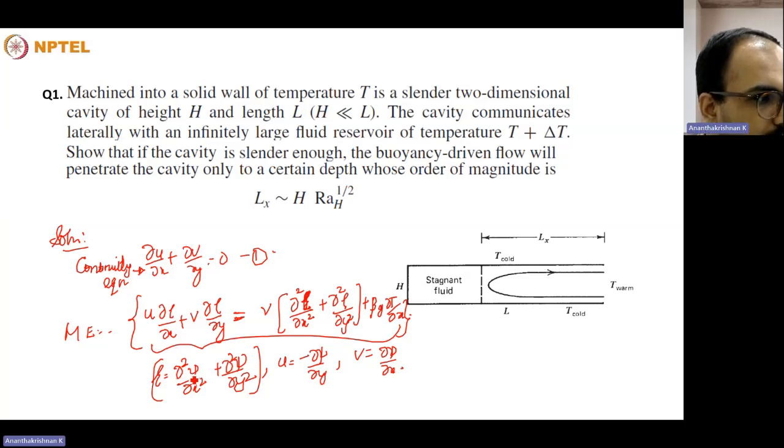Epsilon will be represented as dou square psi divided by dou x square plus dou square psi divided by dou y square.